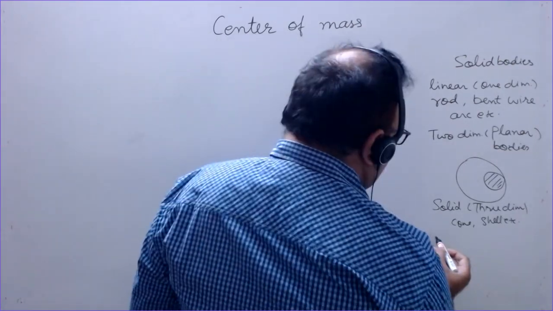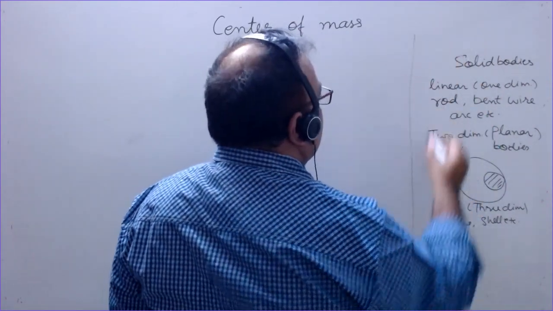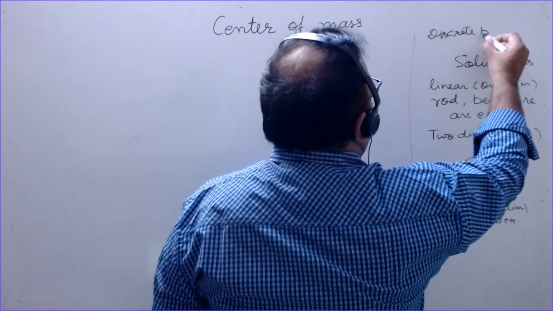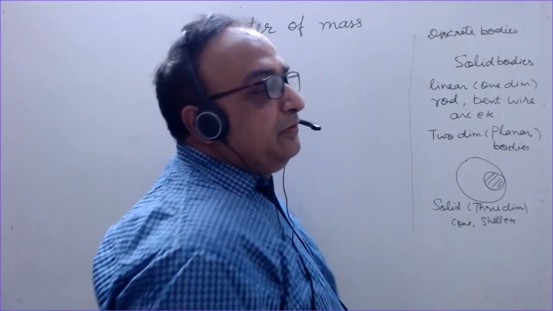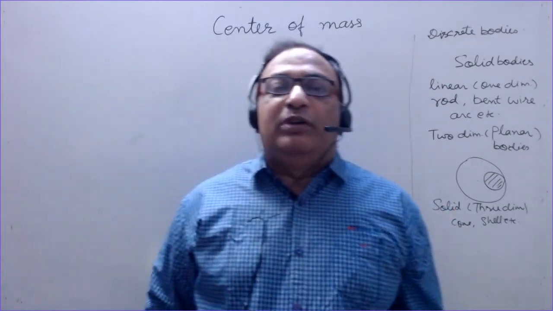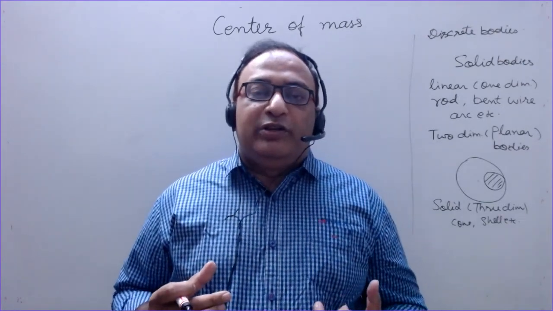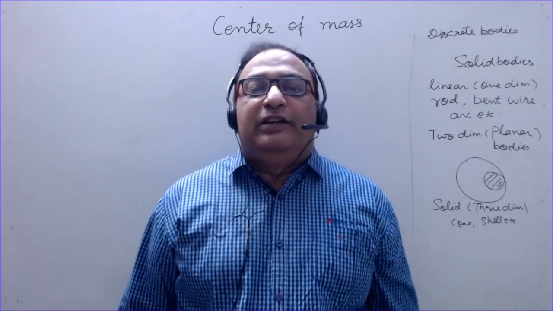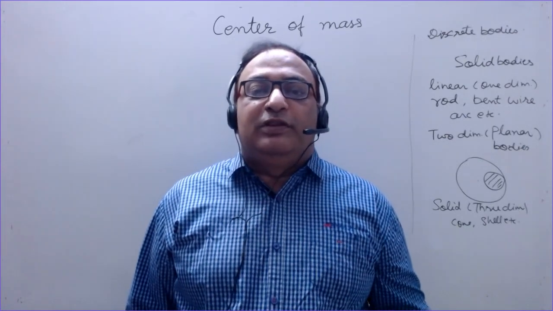And then we have discrete bodies. Suppose four bodies or four solids of different masses have been kept at four corners of a square. They are not joined to each other, or may be joined by massless rods, or three corners of a triangle, and we have to find the center of mass of them.